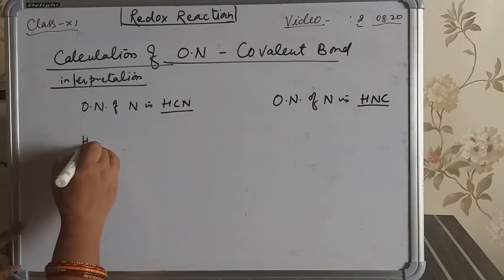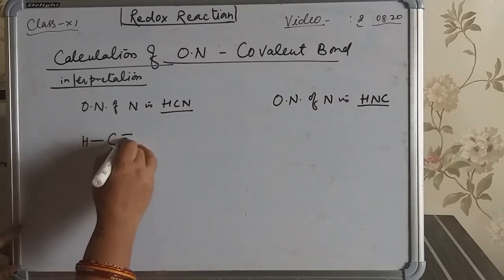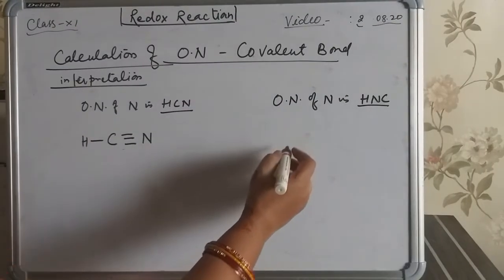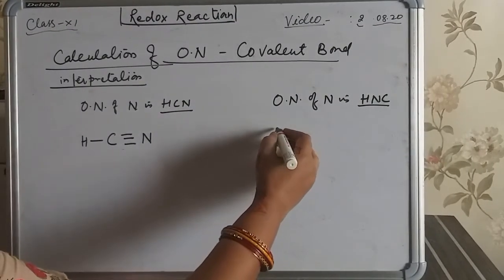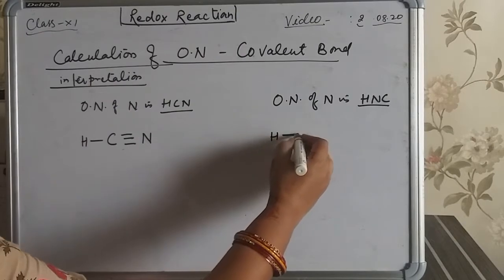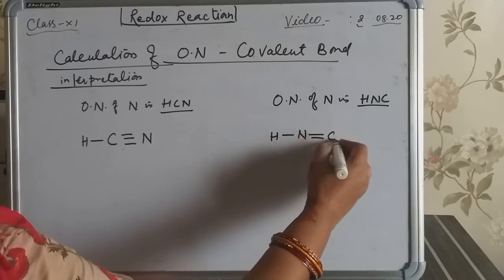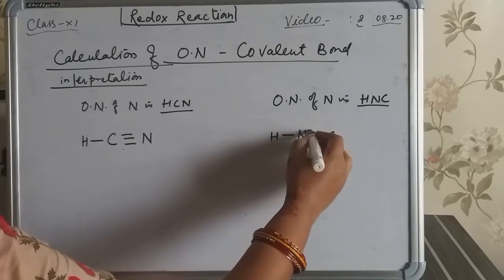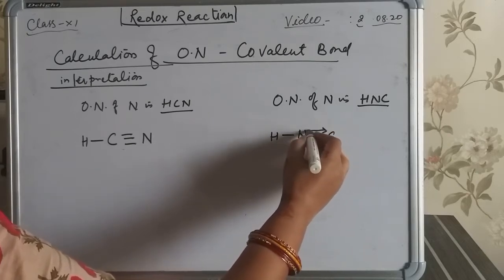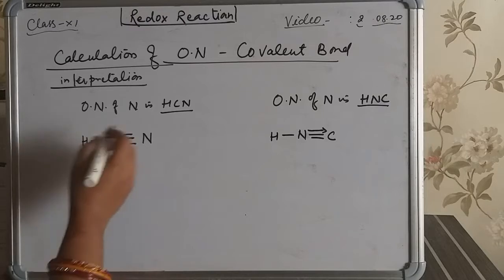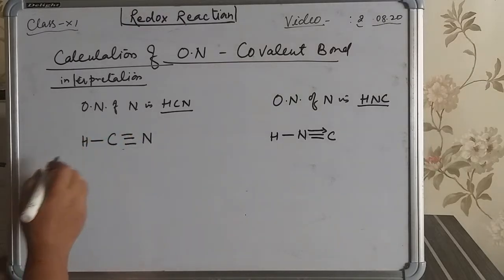At first we draw the structure: H single bond C triple bond N. How can we assign the oxidation number on a particular species?